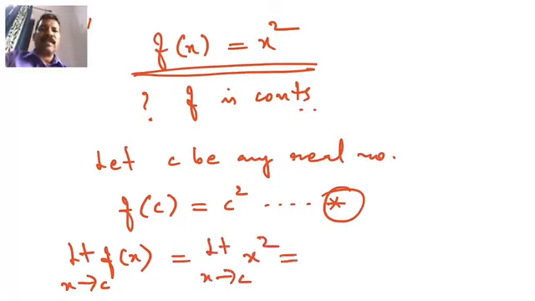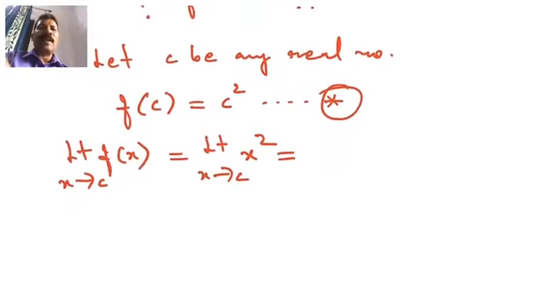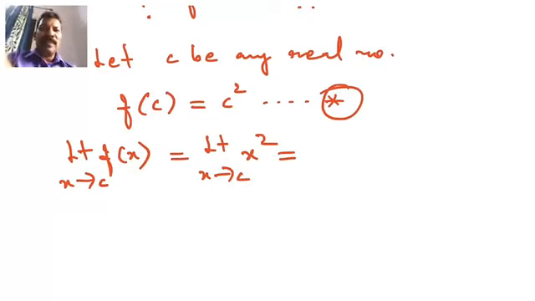We cannot substitute x equal to c here to get c square. That is not allowed. You understand that in order to find the limit, we can find the value of the function only if the function is continuous. But here we are going to prove that x square is continuous. So after proving that, you can find the limit by the value of the function.